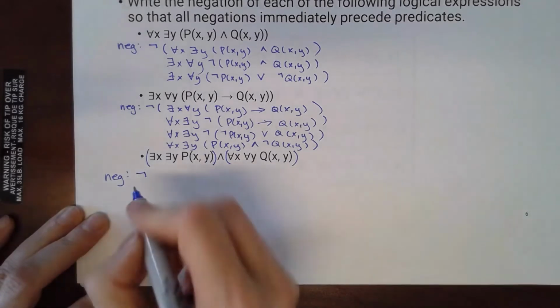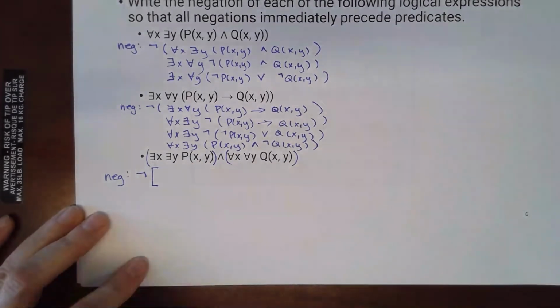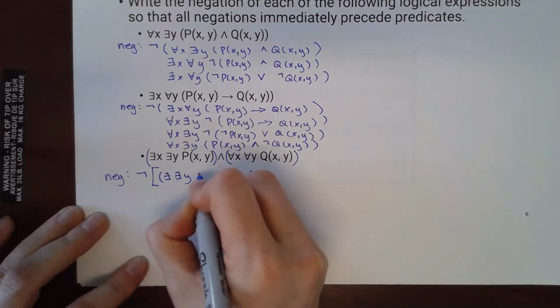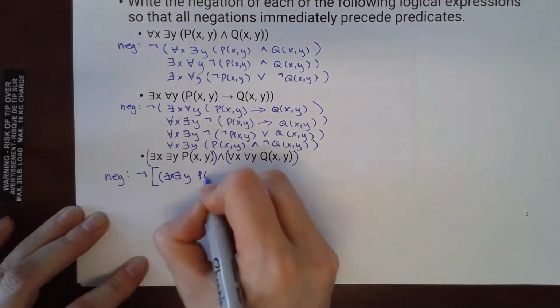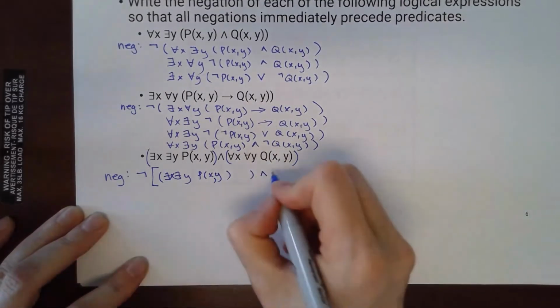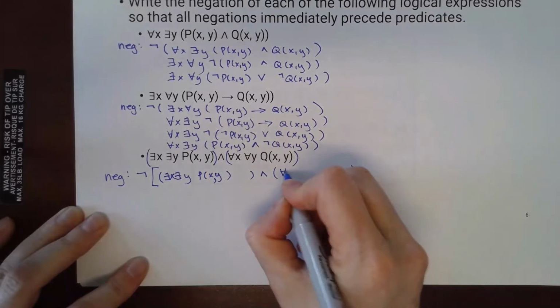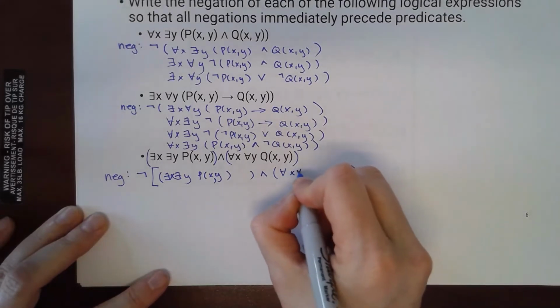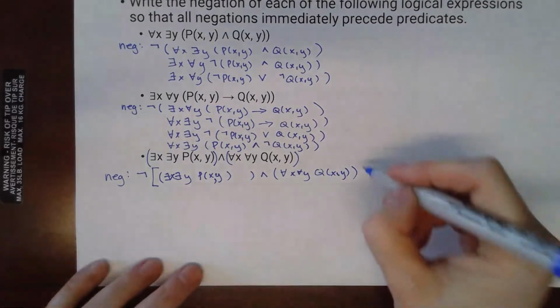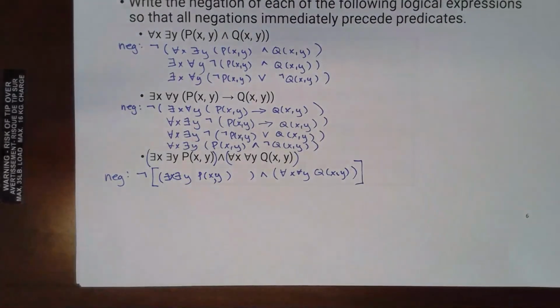I have a not, and then inside here I've got the first one with the existentials, and that's ANDed with the second one that has the universals. I know there's a whole lot of parentheses, but I think that helps us target how to do this.